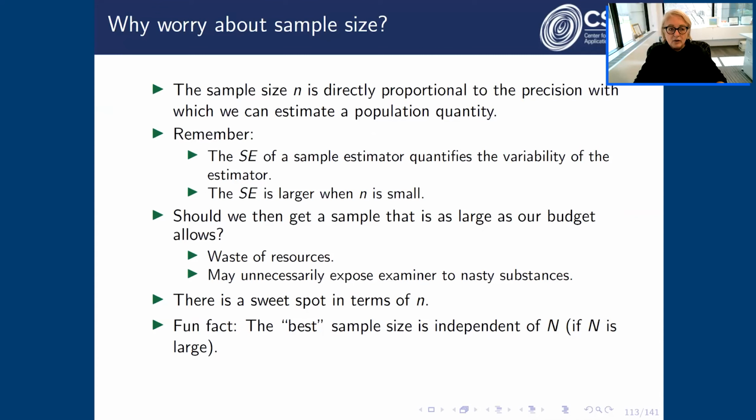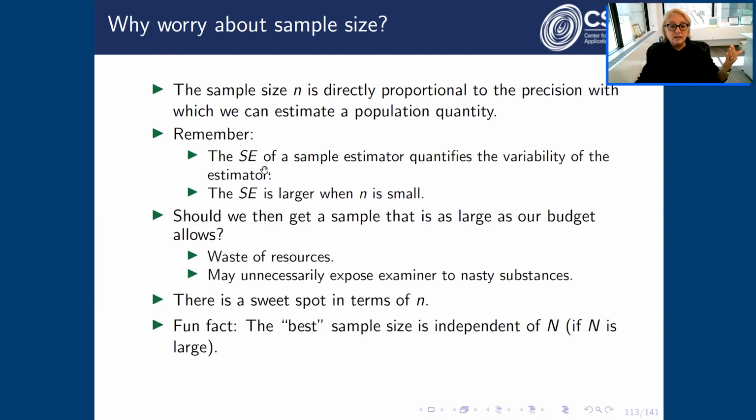Okay, so why do we worry about the sample size? Well, we worry about the sample size because the sample size n is going to be proportional to the precision with which I can estimate the population quantity. And remember what we just discussed, right?